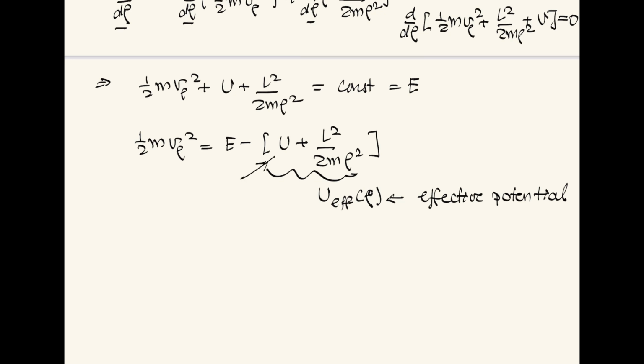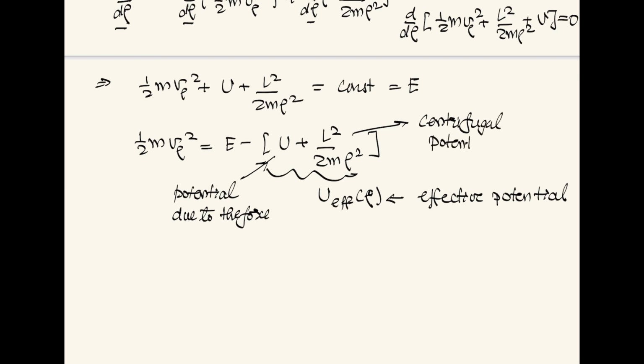One is, of course, the potential due to the force. And the other one, which is the second term, is called the centrifugal potential. You must have all heard of the centrifugal force. This is like the potential associated with the centrifugal force. The centrifugal force is also central, which is why it can be characterized by a potential. So these two together define the effective potential.